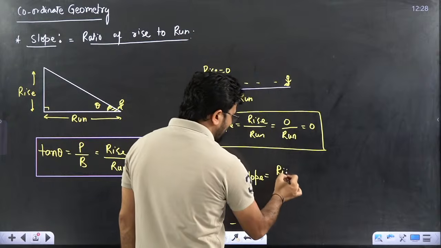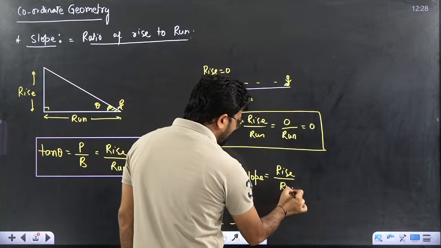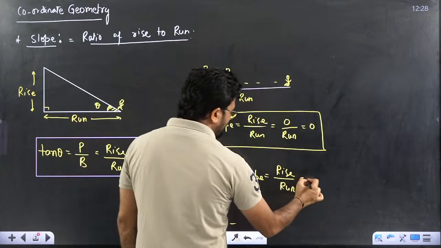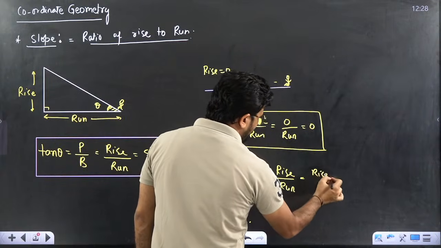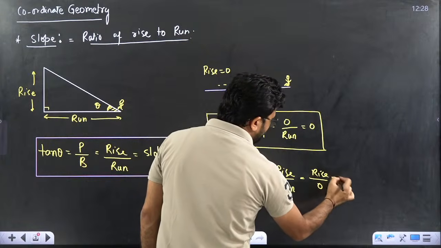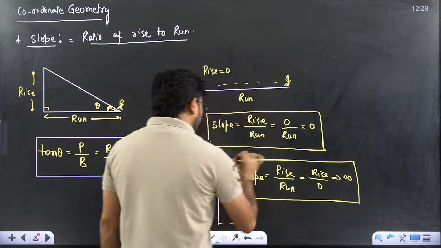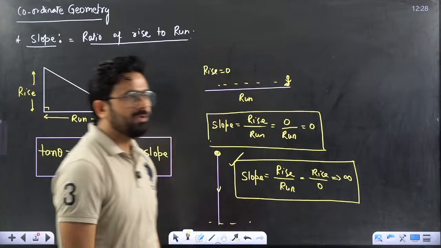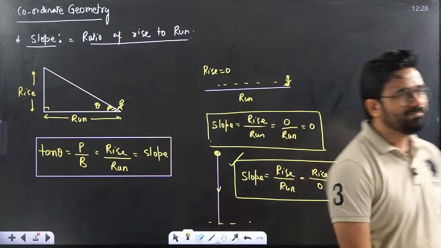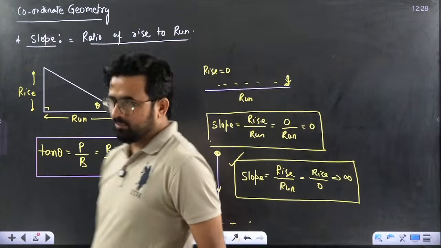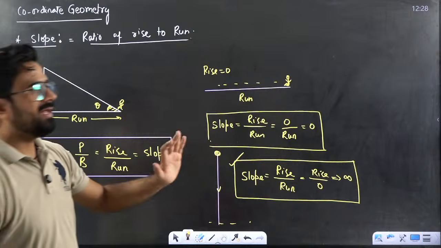Rise by run. But here there is no run because no horizontal motion. So run is equal to 0. So rise divided by 0 tends to be infinity. So for vertical lines, the slope is infinity. This is clear to everyone? Your answer is correct: 0 for a horizontal line and for a vertical line it is infinity.